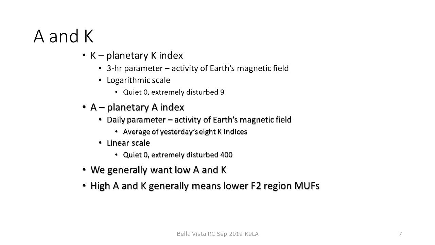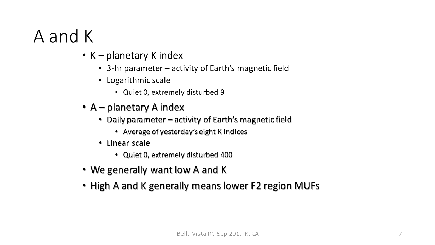Now you have to go through some manipulations in math to average the K indices, because they're a logarithmic scale and you can't really average logarithmic scales. So you have to convert the K index to a linear scale, and then you can come up with the A index, but that's another story for another day. In general, we want low A and K indices.